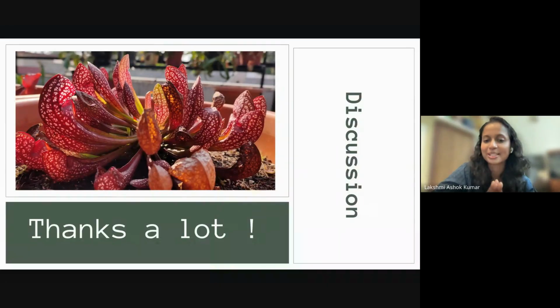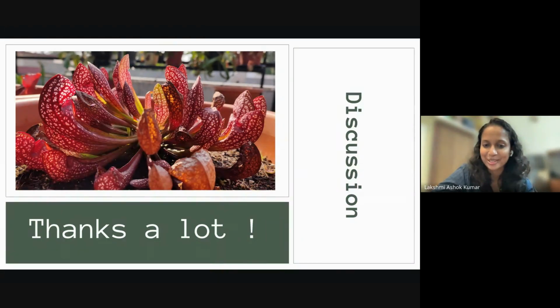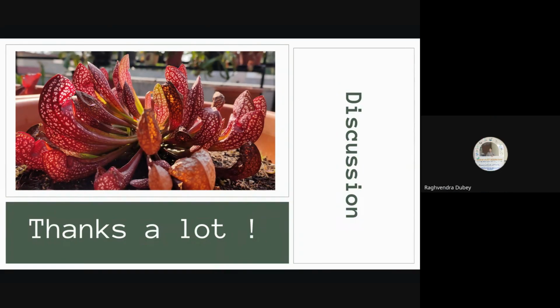It is just trapping insects and digesting them, but somehow their mechanisms are all different, and I'm not sure why they are different. Maybe the structure of the plant might have resulted in such an evolution of different mechanisms. Not sure. Okay, thank you very much.